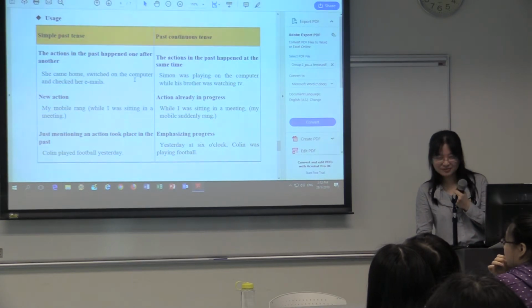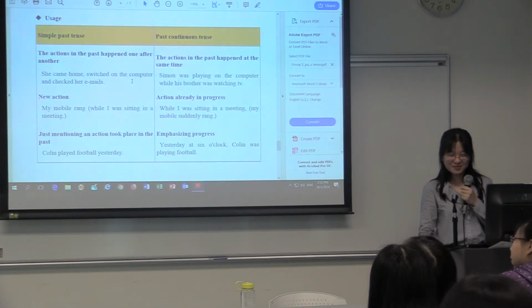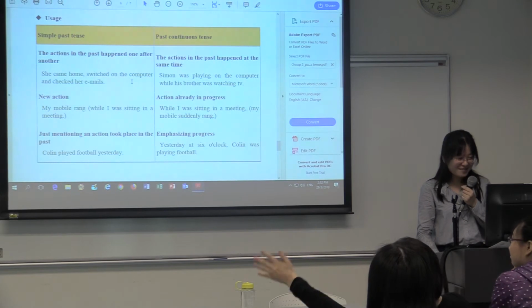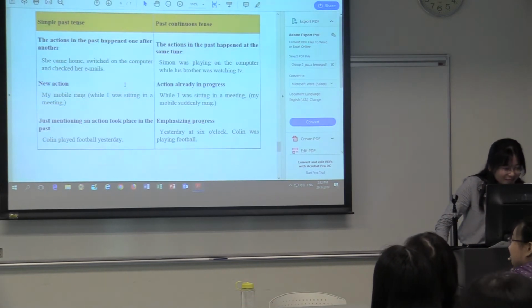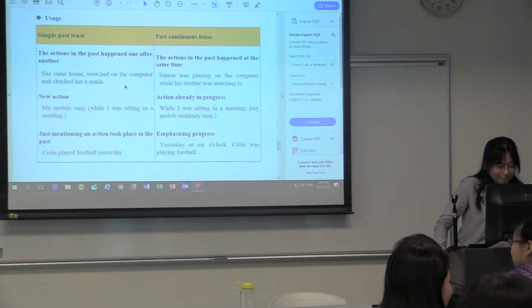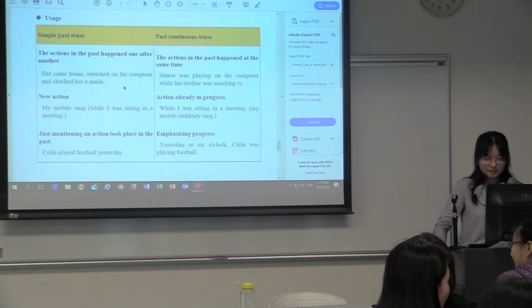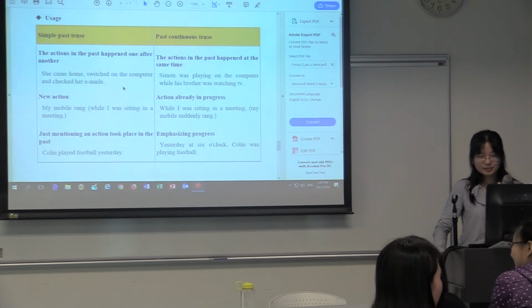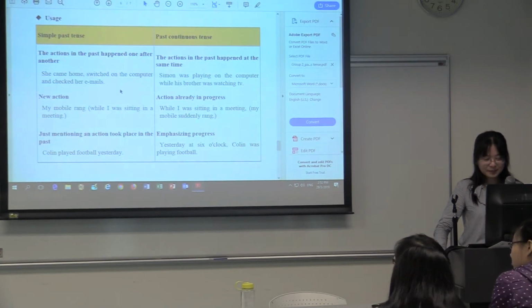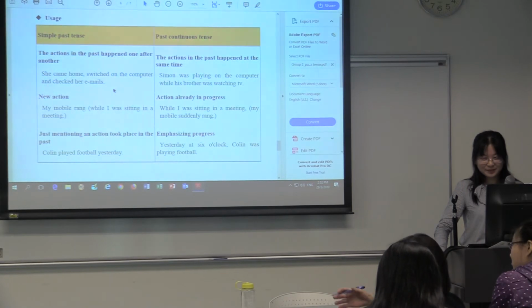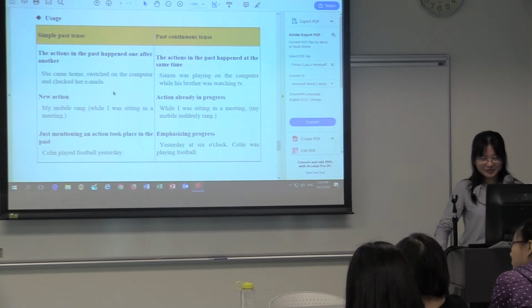Well, when I read this, I found that actually they were quite similar. All the three on the left and all the three on the right. Quite similar, and it's hard to distinguish them. To me, I think for the simple past, it's simply something that happened in the past, about the time frame. The key point is that it happened in the past, then you use the past tense.